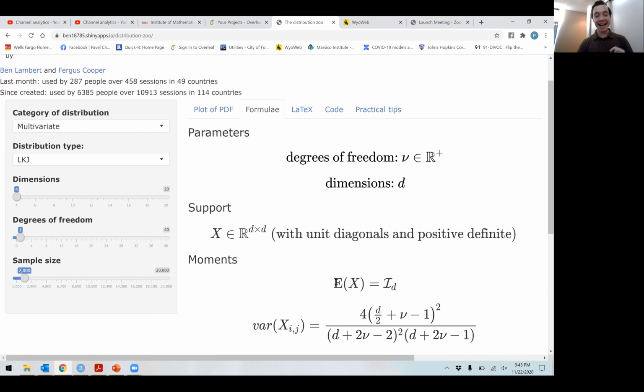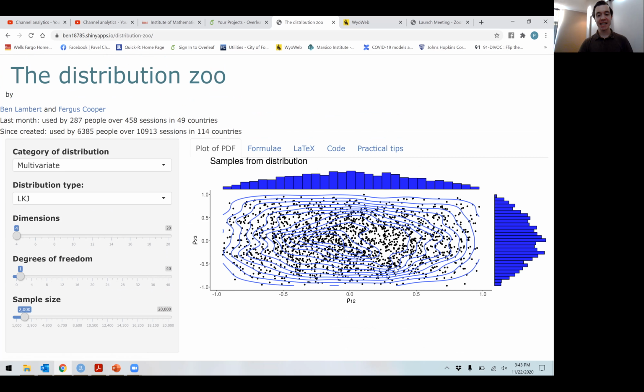So the average matrix is the identity matrix. And now we can see how the different samples, this is 2,000 samples of the correlation between variables 1 and 2 and correlation between variables 2 and 3. There's one more correlation that is not being plotted because this is a 4x4 correlation matrix.